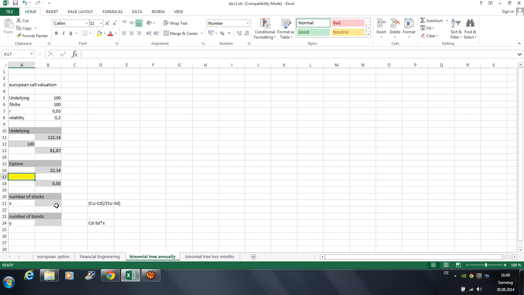Because it's a call option, we go long in stocks and we short bonds. If it were a put option, we would go long in bonds and short stocks.